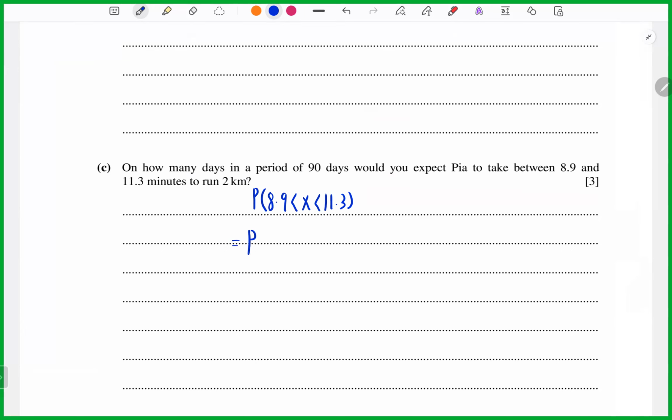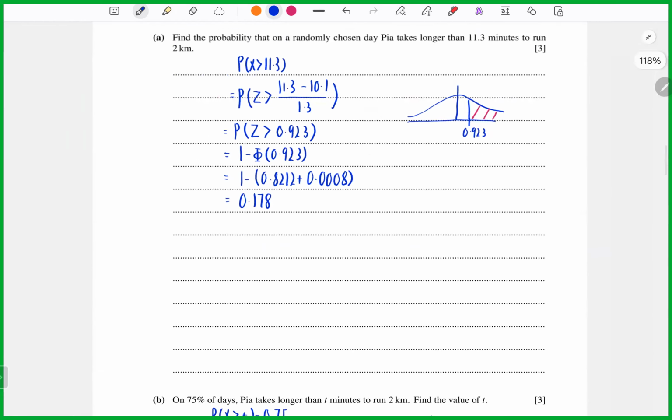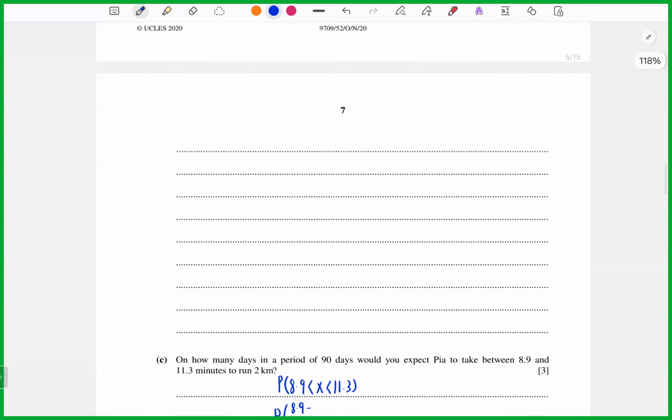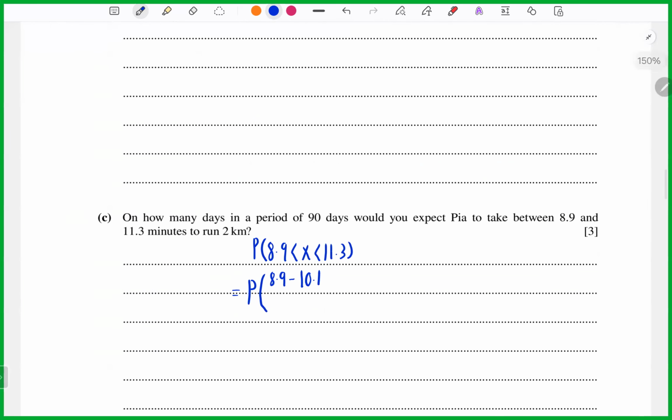So now you need to change to standard normal variables. Take 8.9 minus the mean 10.1, divided by 1.3, and Z for 11.3 is 11.3 minus 10.1 over 1.3. So 8.9 minus 10.1 divided by 1.3 gives negative 0.923.